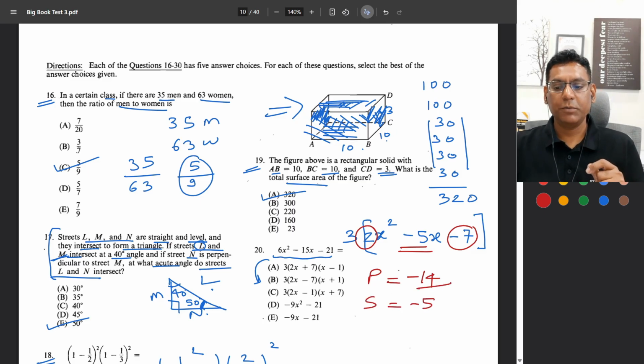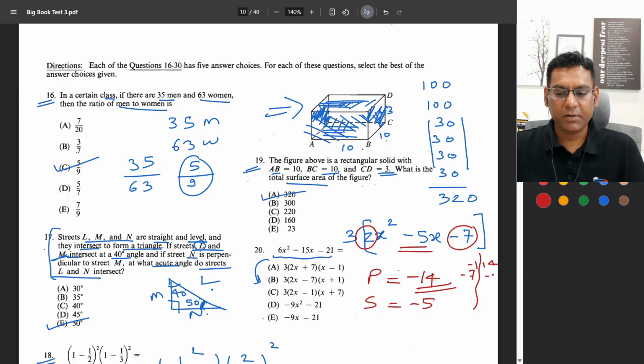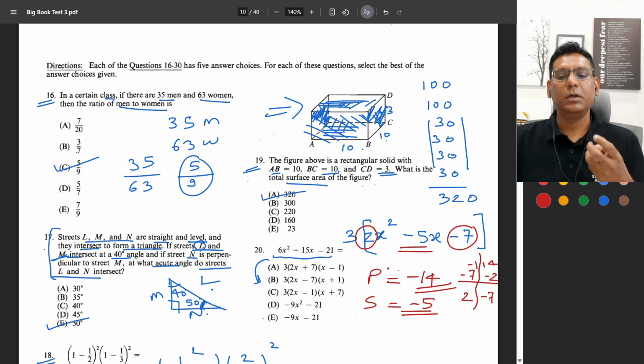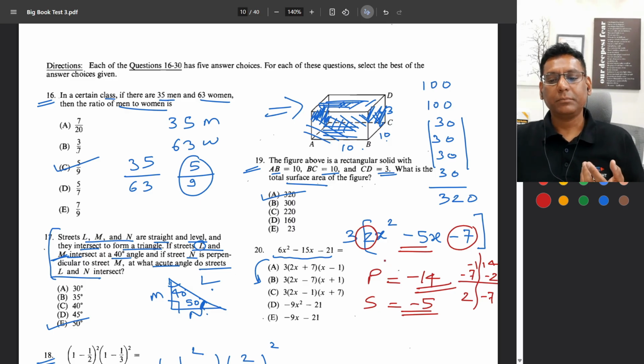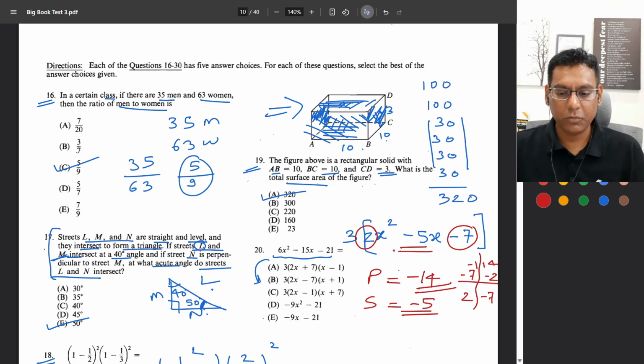So there are only so many cases, minus 1, 14 or something, right? Or 7, minus 2, or rather 2, minus 7, correct? Because they will add up to minus 5. So basically this question requires you to be able to factorize a quadratic expression.